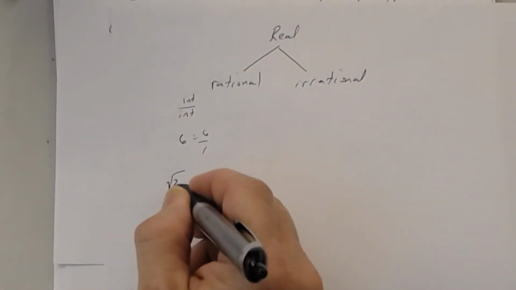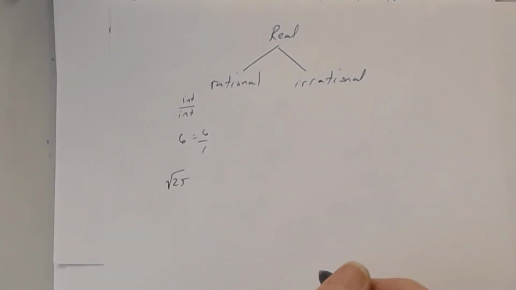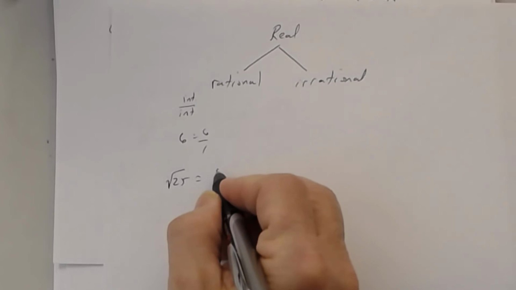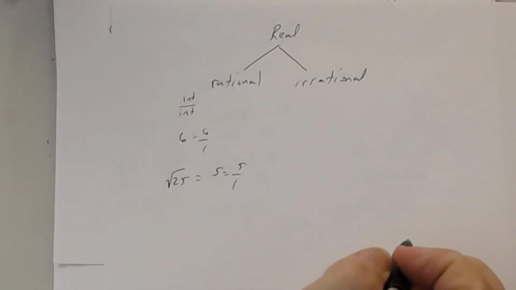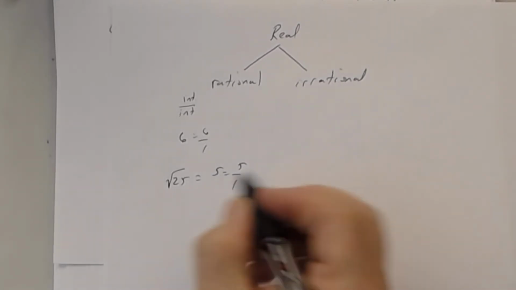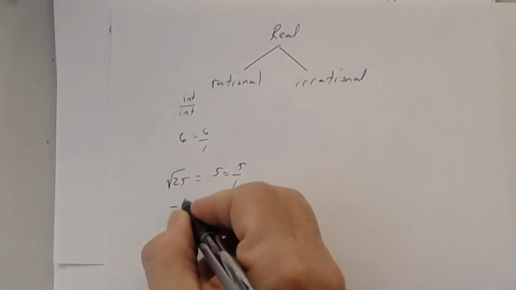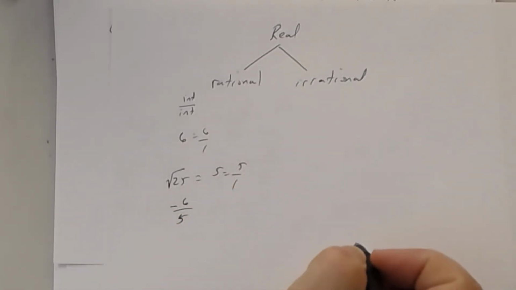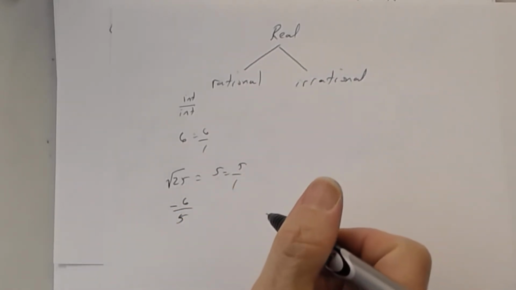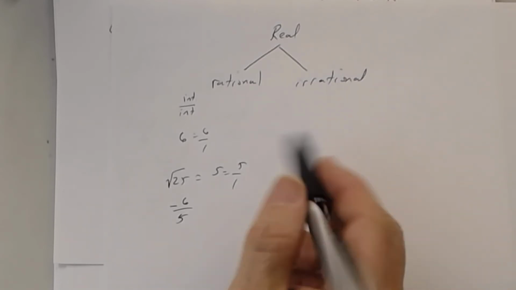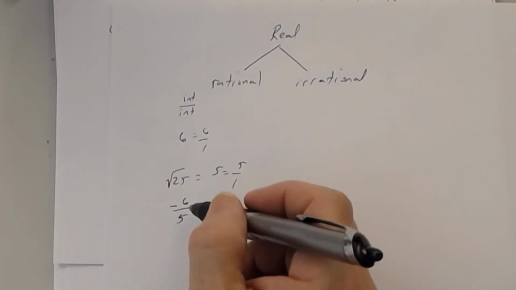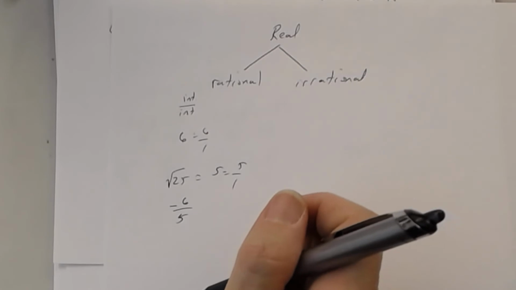Is the square root of 25 a rational number? Yes, because what's the square root of 25? 5, I can write 5 as 5 over 1. Is negative 6 over 5 a rational number? Yes, because negative 6 is an integer and 5 is an integer.